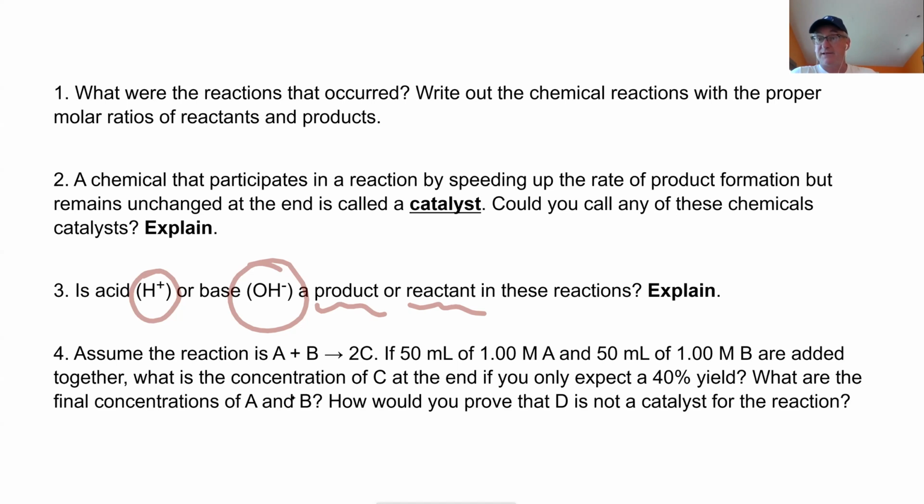It could have been a catalyst. That's really hard to figure out, since they're always present at low concentration. But how can we tell if it's a product or a reactant?